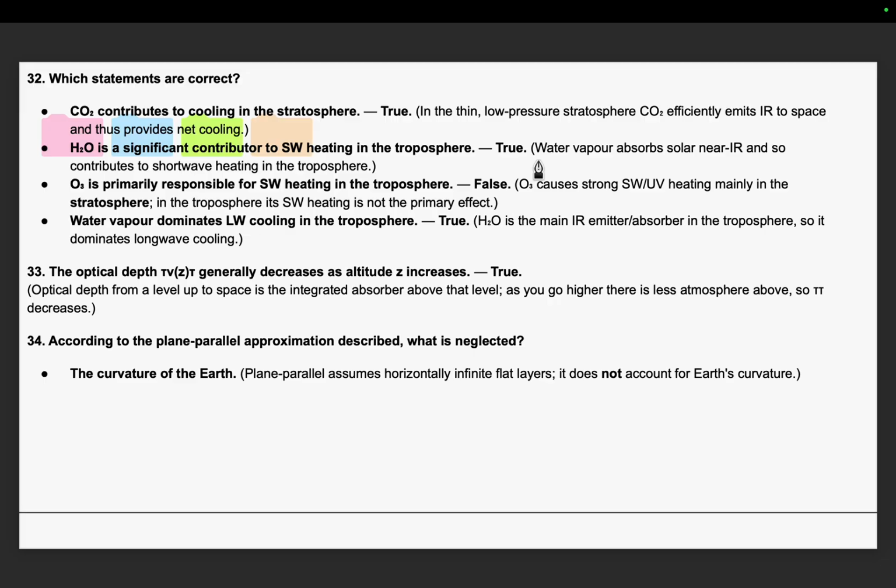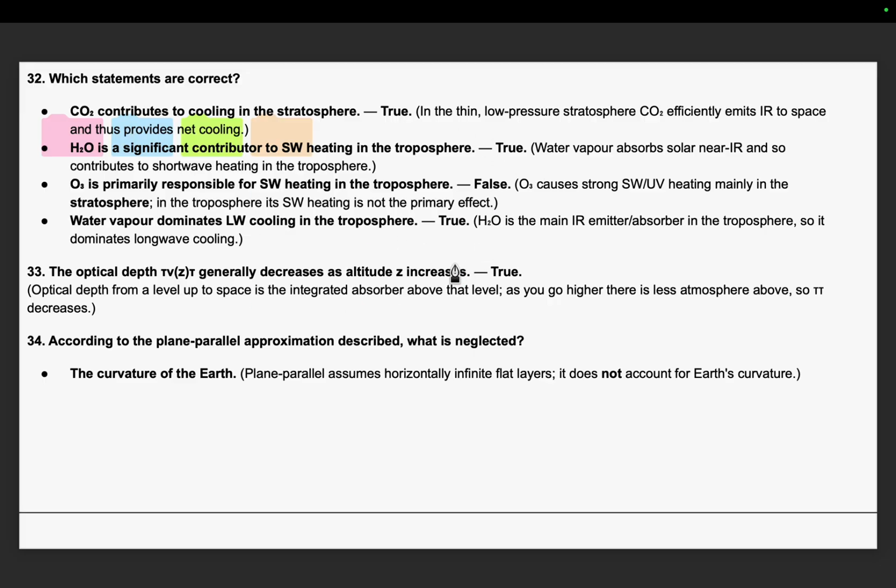Ozone is primarily responsible for shortwave heating in the troposphere. That is false. Ozone strongly absorbs UV, the shortwave, and the heating is mainly in the stratosphere. In the troposphere, the ozone content is very small, so no shortwave heating is possible. Water vapor dominates longwave cooling in the troposphere. This is true. H2O is the main emitter and absorber in the troposphere, so it dominates the longwave cooling.